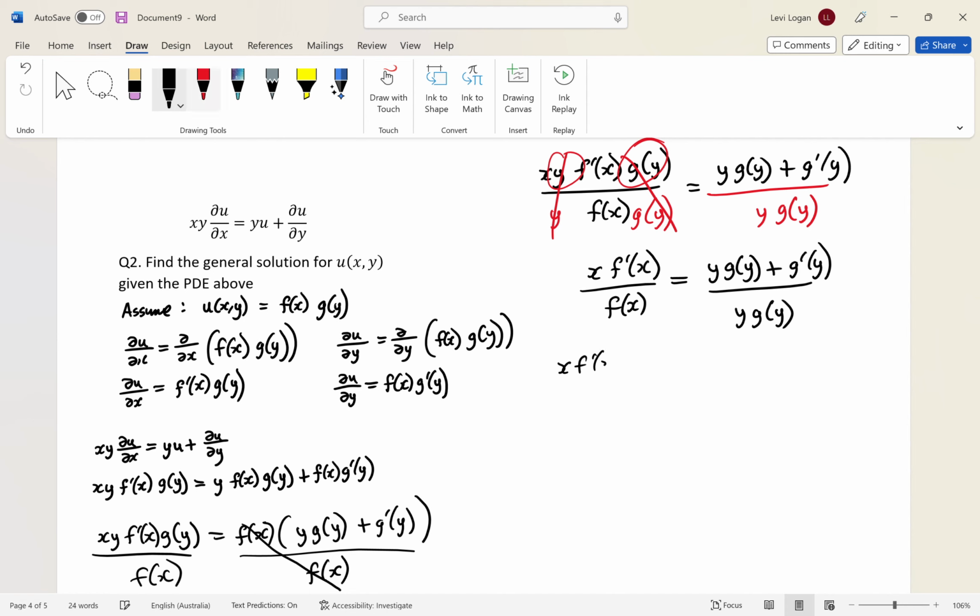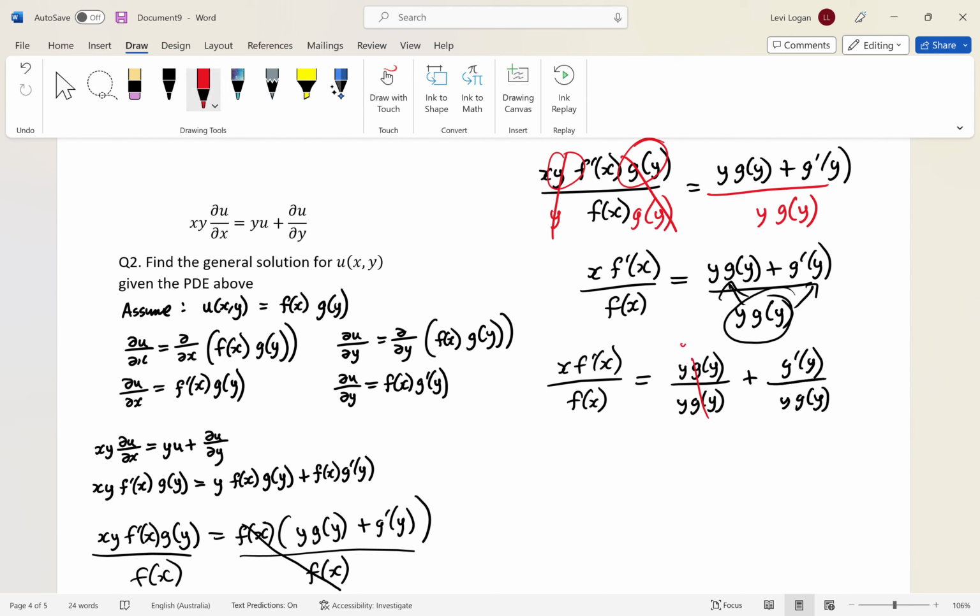It's just going to be equal to, if I divide, I'm just going to apply this to that and that, so we're going to have y g of y divided by y g of y plus g prime of y over y g of y. Okay, this whole thing is going to simplify to 1, and this whole thing's just going to stay like that.